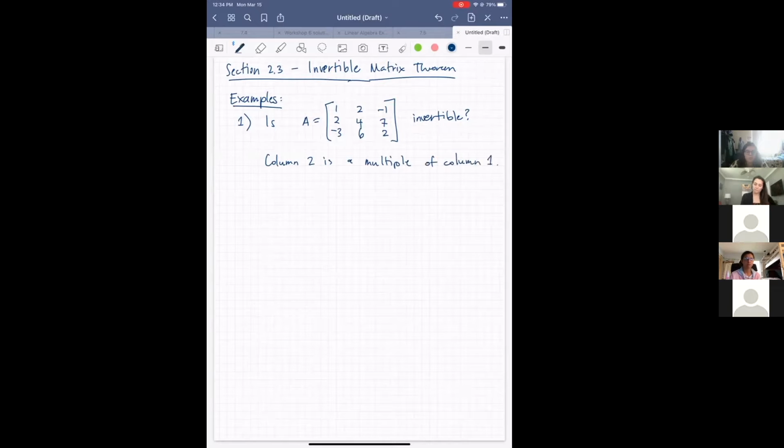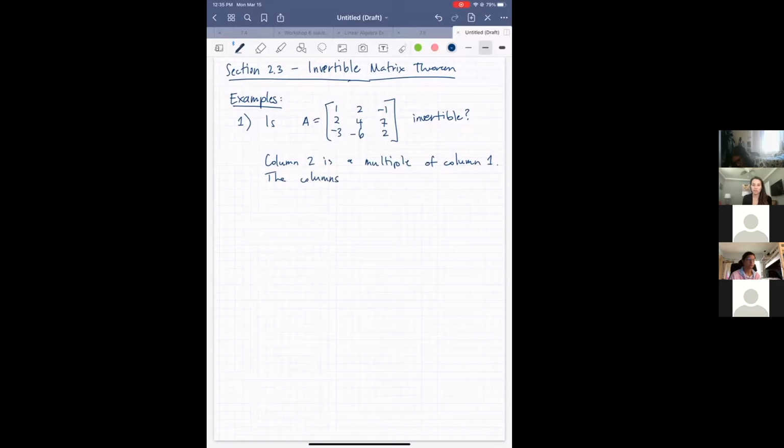Oh, oops, there should be a negative there. Now it's a multiple of column 1, right? Okay, now it is. So we take column 2 and multiply it by 1/2, and that's equal to the first column. So that means that the columns of A are not linearly independent, right?